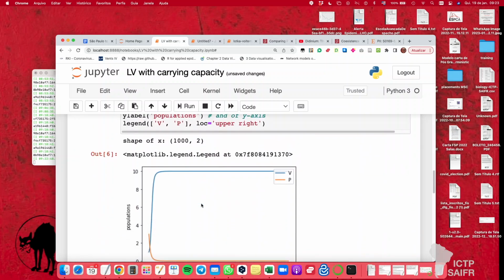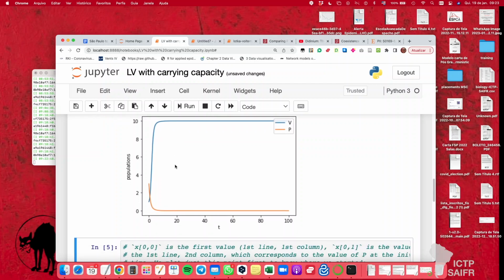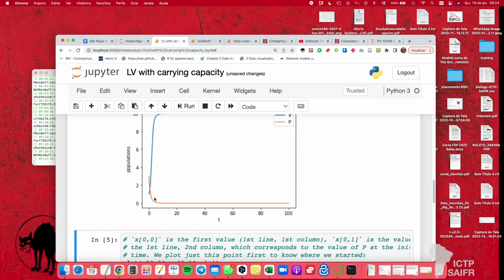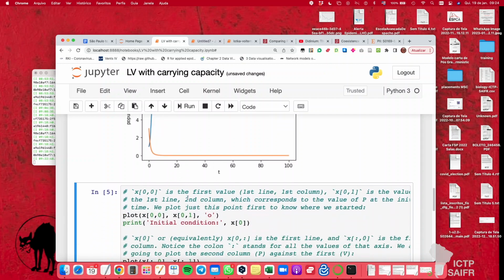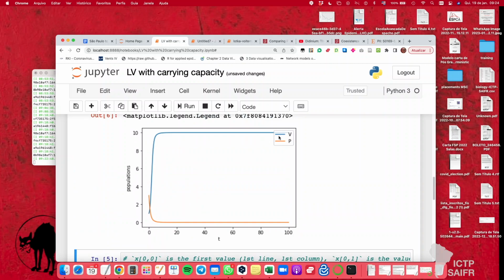So you see, it did not even oscillate because it's so small that the motion gets damped. Okay? And you see that in this case, the prey is almost at the carrying capacity, and the predator actually is gone.